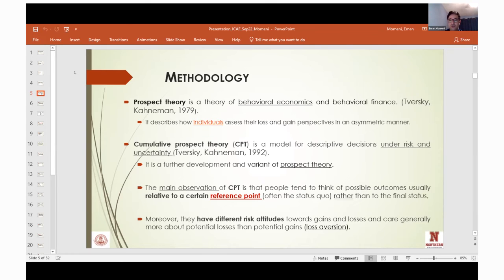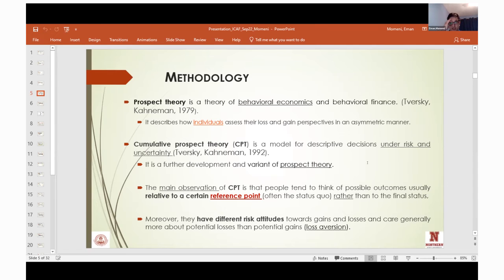It was introduced by Tversky and Kahneman in 1979. The same scientists introduced CPT, cumulative prospect theory, by including risk and uncertainty in that model.